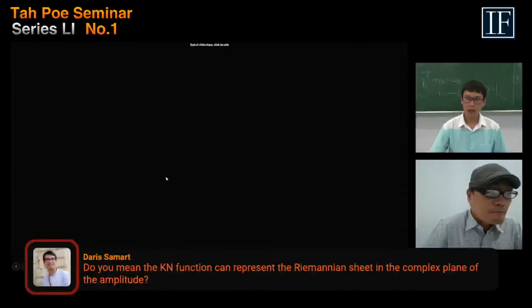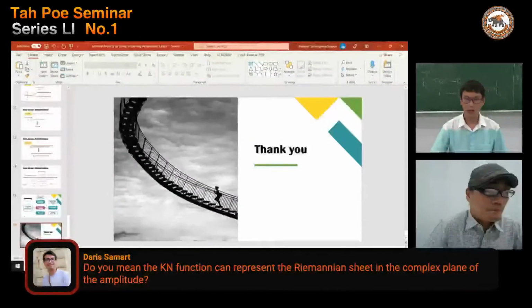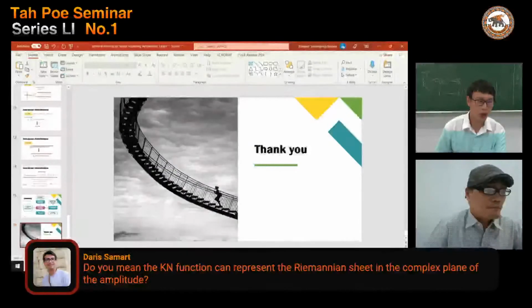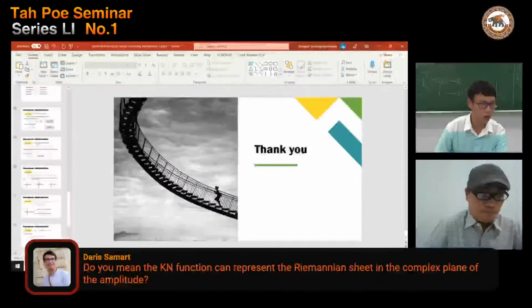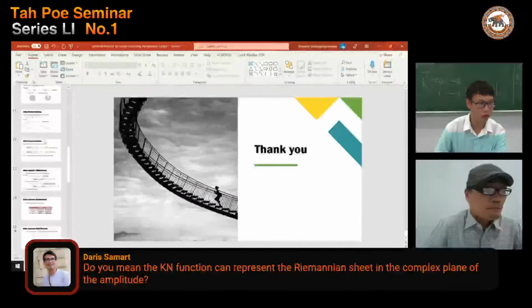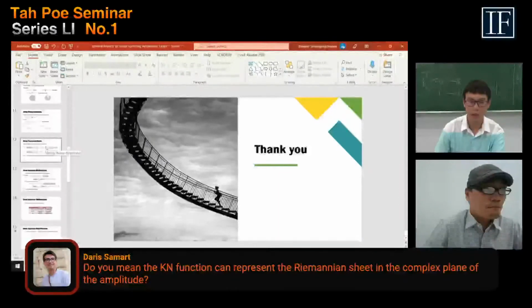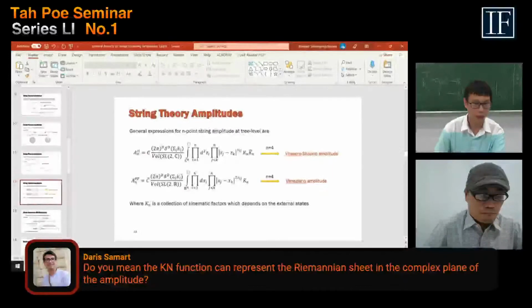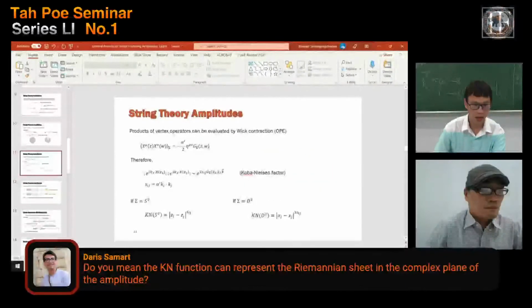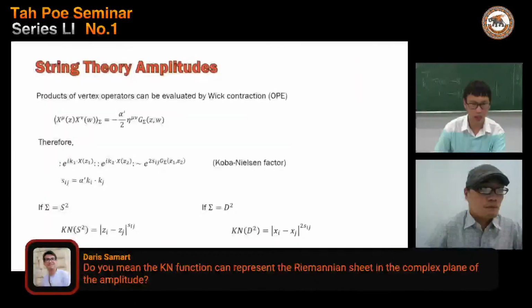So I would say that the Koba-Nielsen factor, or as you say, the Koba-Nielsen function, depends on the Riemann surface, this guy here. It depends on the topology of the Riemann manifold.